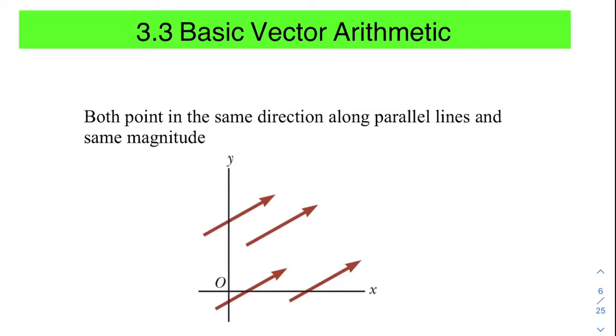If the length is the same, then it is the same value or magnitude. So for vector A to be equivalent to vector B, the magnitude of A must be the same as the magnitude of vector B.